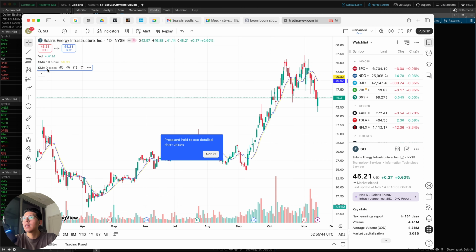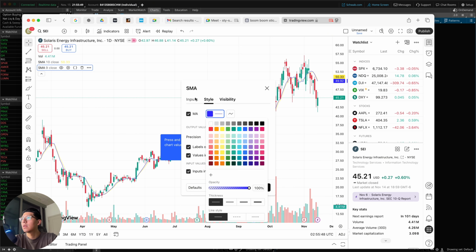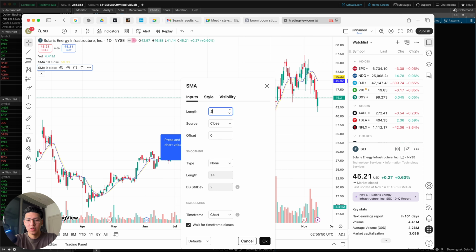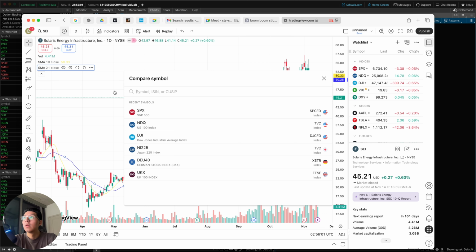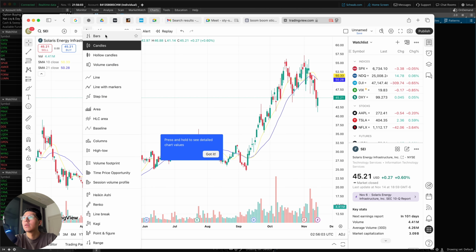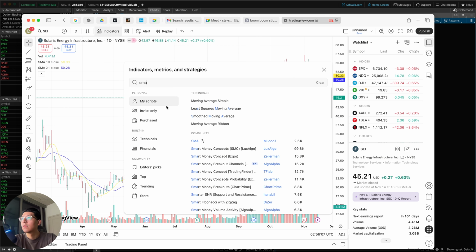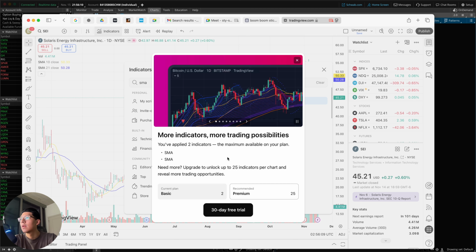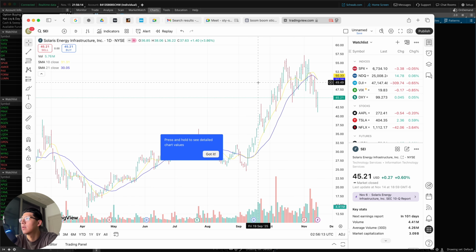Okay, we got the 10 SMA. Now this one's gonna be the blue one, the 21 SMA. Now let's add one more, the 200 SMA. Well, I can only add two indicators. Okay, fuck it, I guess we're gonna run this with only two indicators.